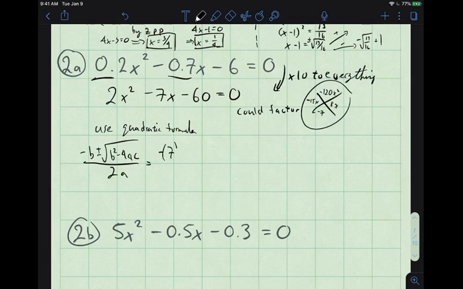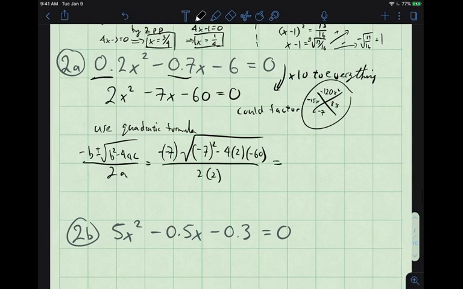Negative of negative 7, plus or minus the square root of negative 7 squared minus 4 times 2 times negative 60, all over 2 times 2. Let's simplify. Positive 7 on the outside, 49 plus 480, all over 4.